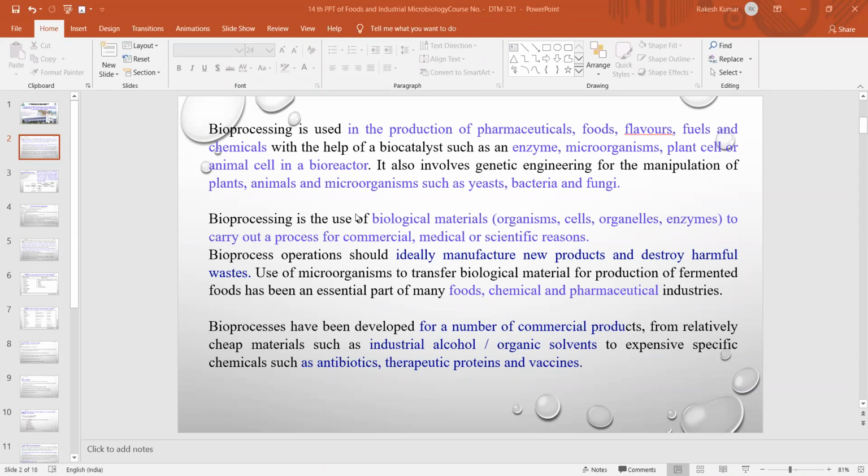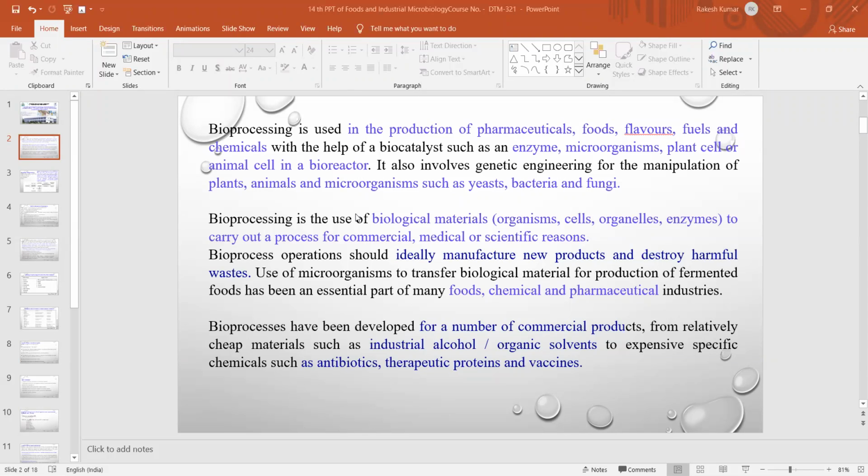So you know about fermentation. So what additional work is going on inside that vessel? Sometimes you are adding some kind of enzyme or a combination of enzymes. Sometimes you are adding some plant cell or animal cell for achieving a certain type of fermentation inside the bioreactor.